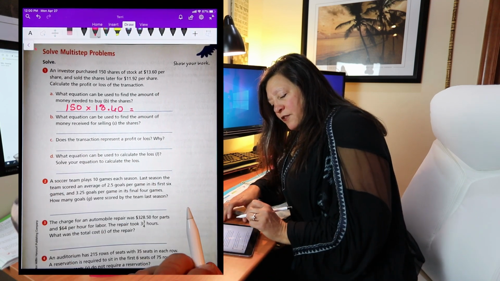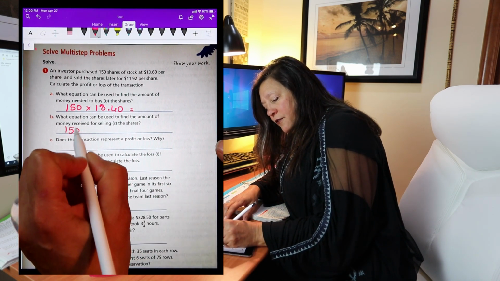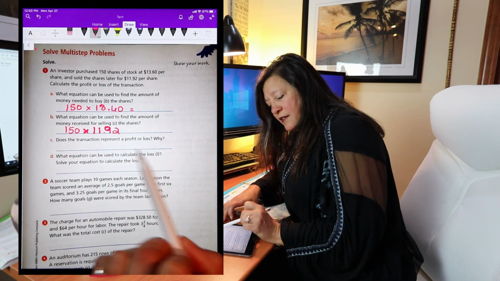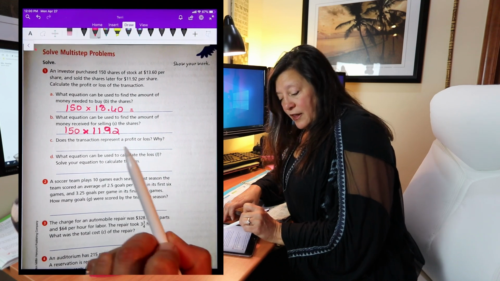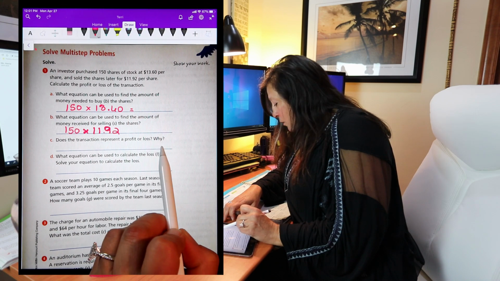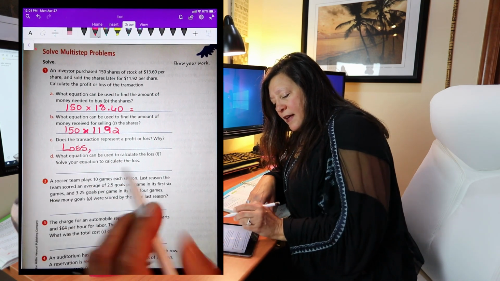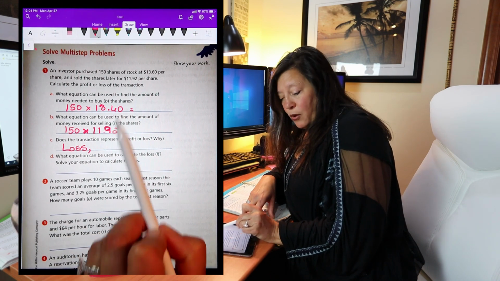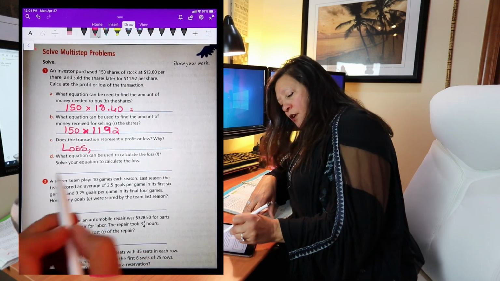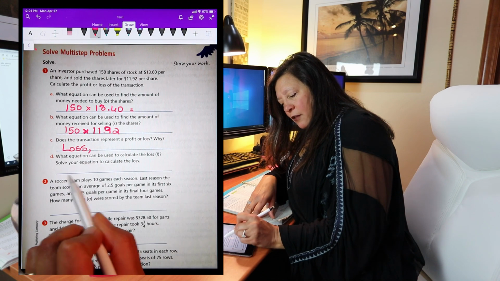B, what equation can be used to find the amount of money received for selling the shares? Well, 150 shares, they sold them for $11.92. So they bought them for $13.60, sold them for $11.92 per share. Does the transaction represent a profit or a loss? Well, it's going to be a loss because they bought them for more than they sold them for. So they lost money on them. What equation could be used to calculate the loss?